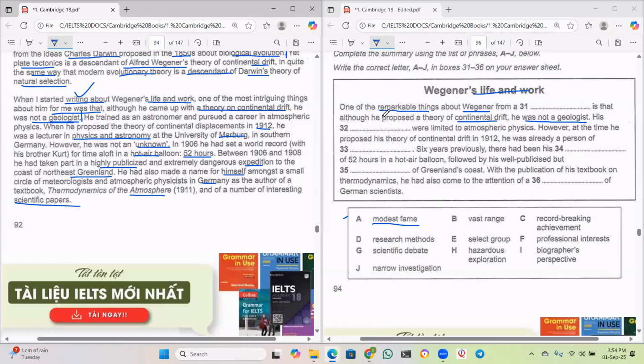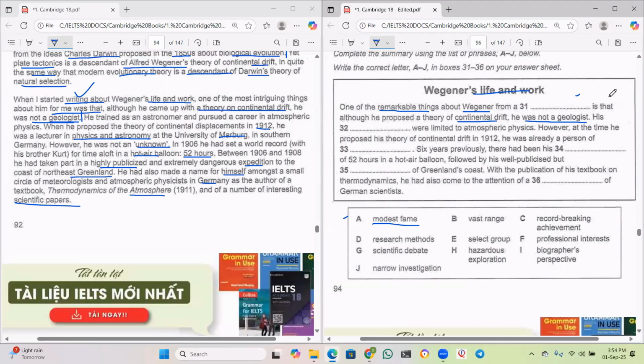All the sentence is the same, but only this one we have to match. When I started writing about him, so writing should be the answer, and we have to find what is similar to writing. Modest fame, no. A vast range, no. Record breaking achievements, no. Research methods, select group, no. Professional interests, no.